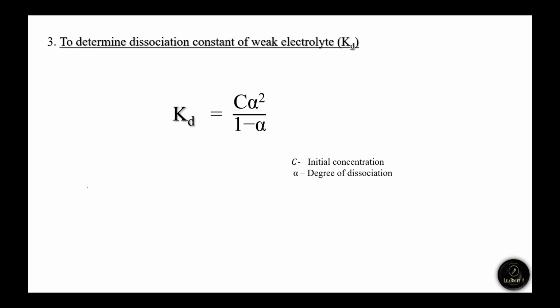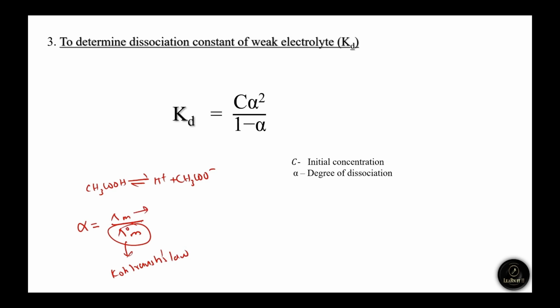With respect to a weak electrolyte, the dissociation can be written as H plus and CH3COO minus, we have taken acetic acid. So alpha represents lambda m divided by lambda naught m. Here lambda naught m is given by Kohlrausch's law.